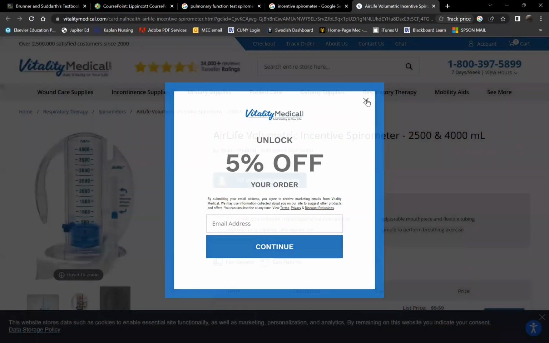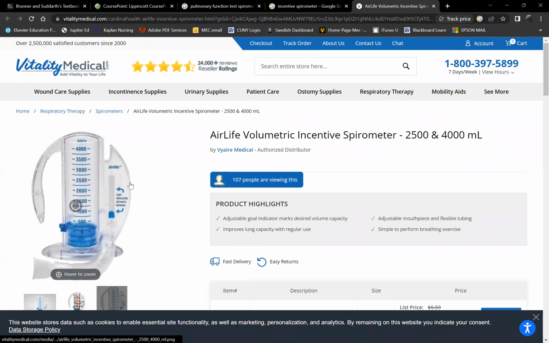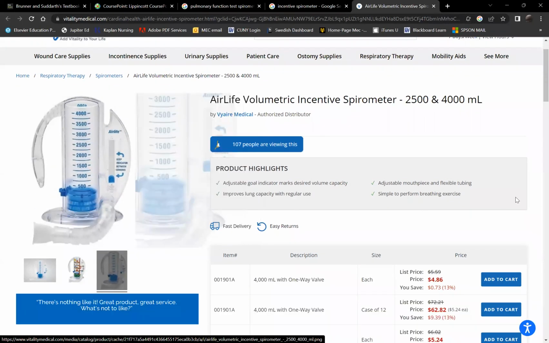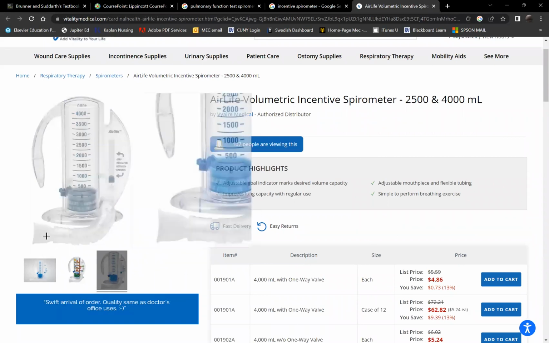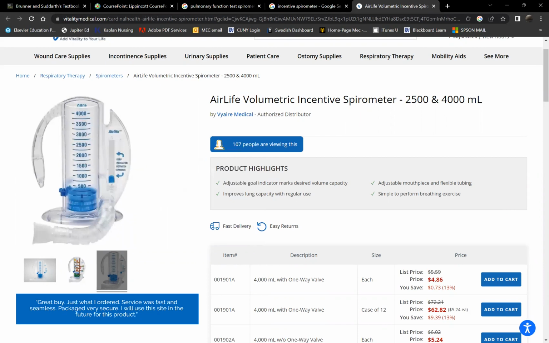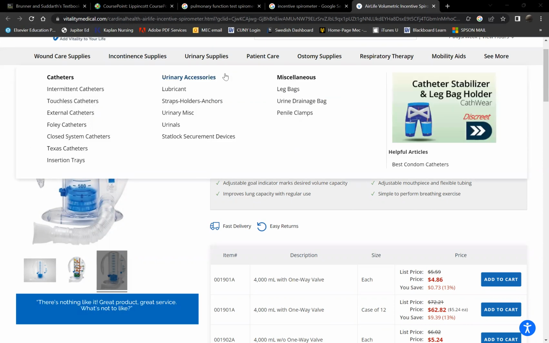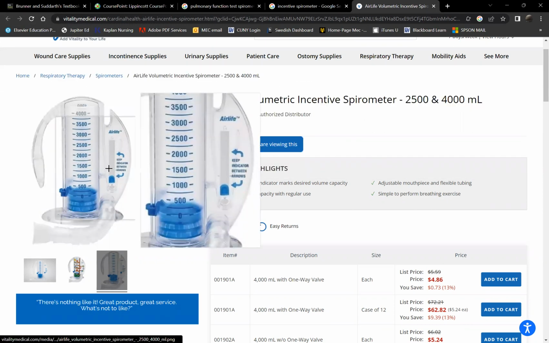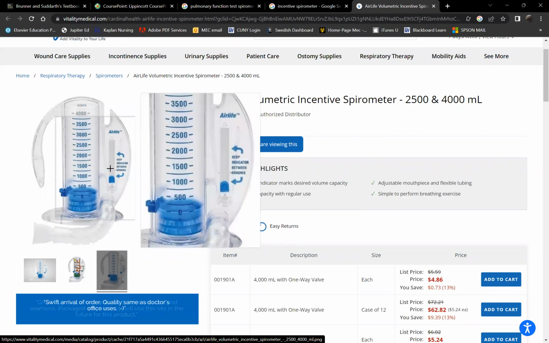Okay, so the incentive spirometer, this one that you use at the bedside, that you give to your bedbound patients, this one they inhale into. Are we clear? So you put the mouthpiece into your mouth, and then you inhale slow.